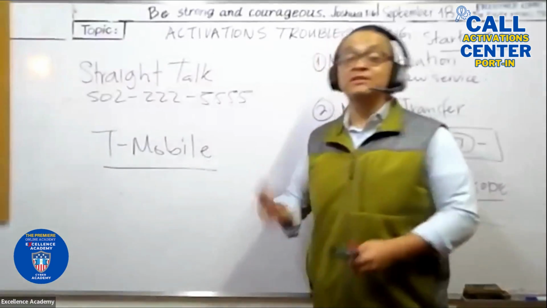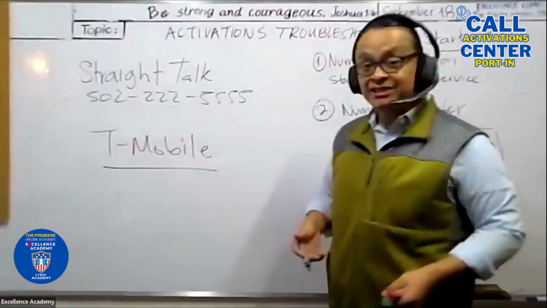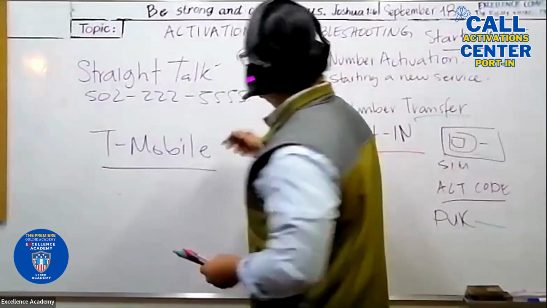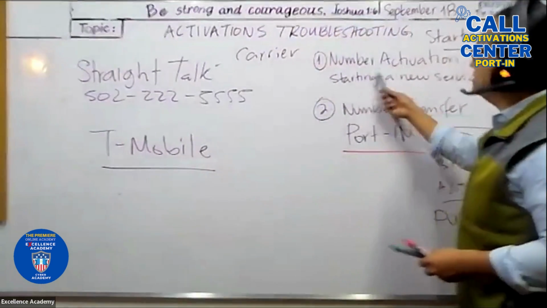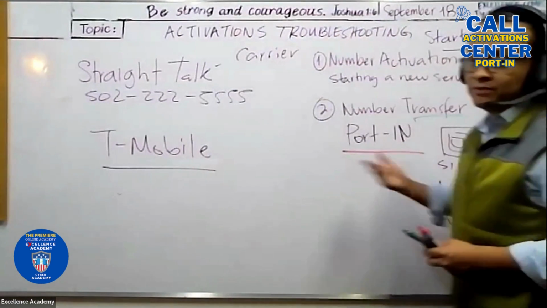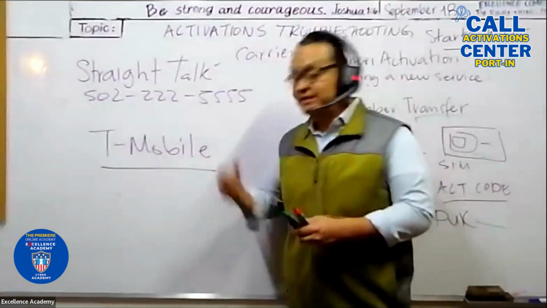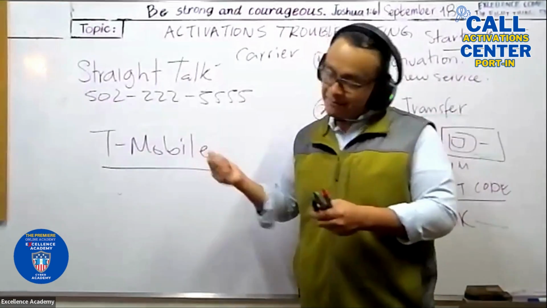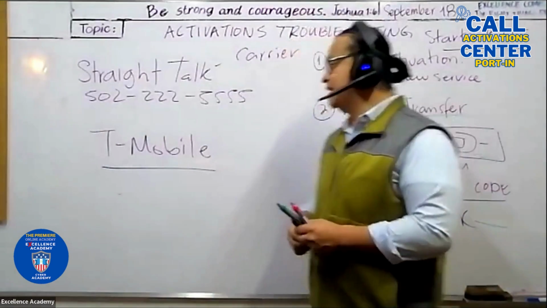Now the customer wants to change his cell phone carrier. He wants T-Mobile to be his new carrier. So he goes and purchases a T-Mobile activation starter kit with a SIM card. All he has to do is pop out his Straight Talk SIM card and punch in the T-Mobile SIM card that he's going to activate with.